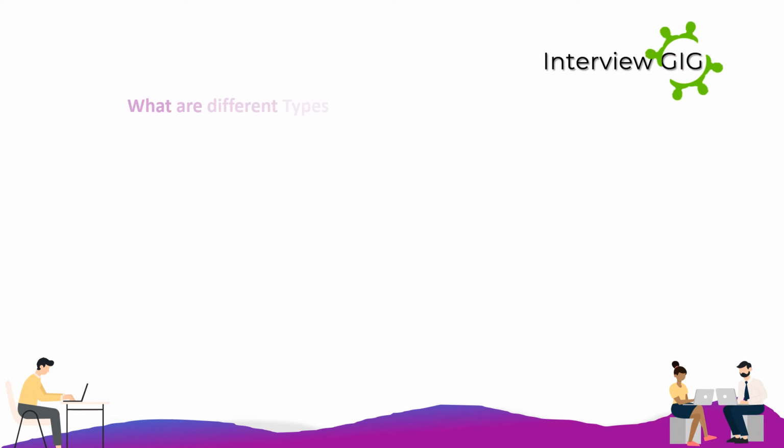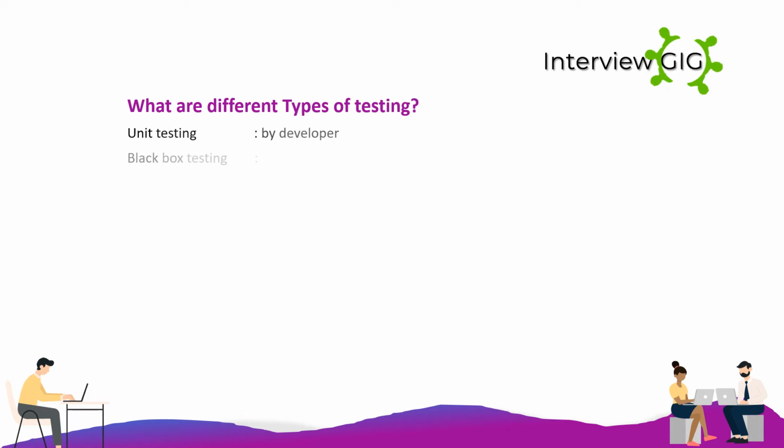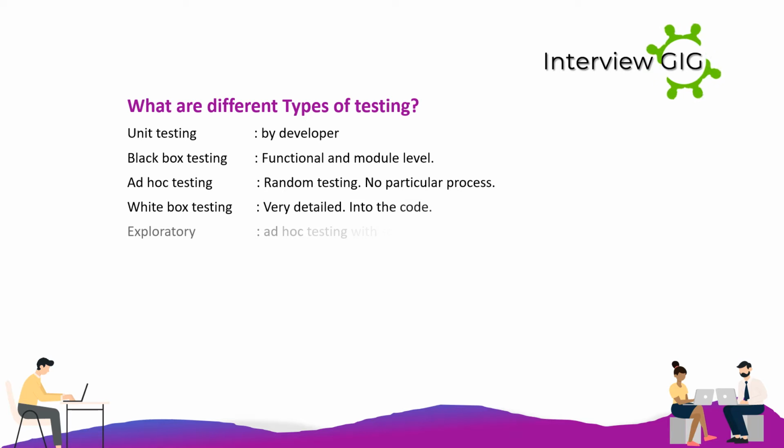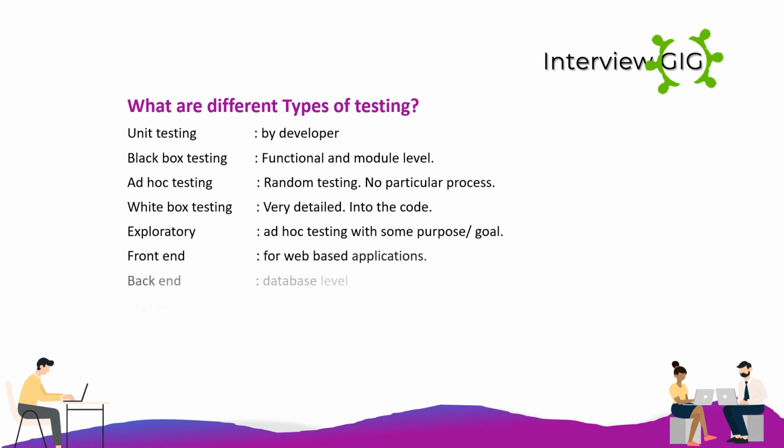What are different types of testing? Unit testing, by developer. Black box testing, functional and module level. Ad hoc testing, random testing. No particular process. White box testing, very detailed. Into the code. Exploratory, ad hoc testing with some purpose or goal.